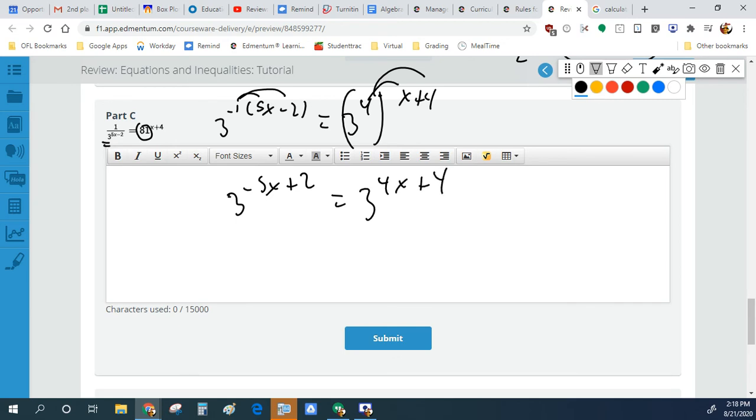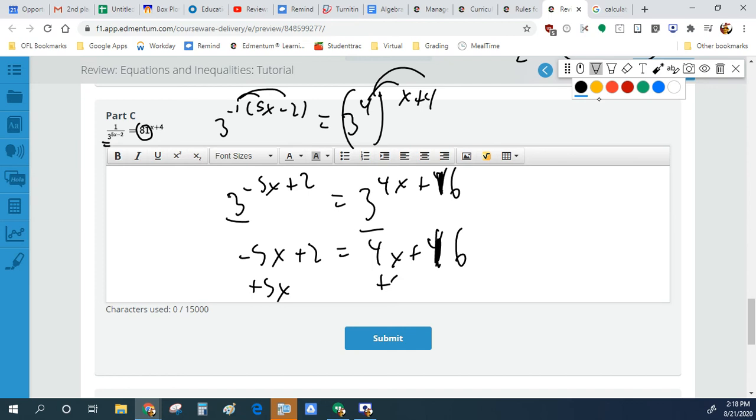From here, all I'm going to do is ignore those 3's because they have the same base. Oh, I forgot, I'm distributing that 4. I'm so sorry, guys. That's 16. Something wasn't adding up there, or I guess multiplying up there.